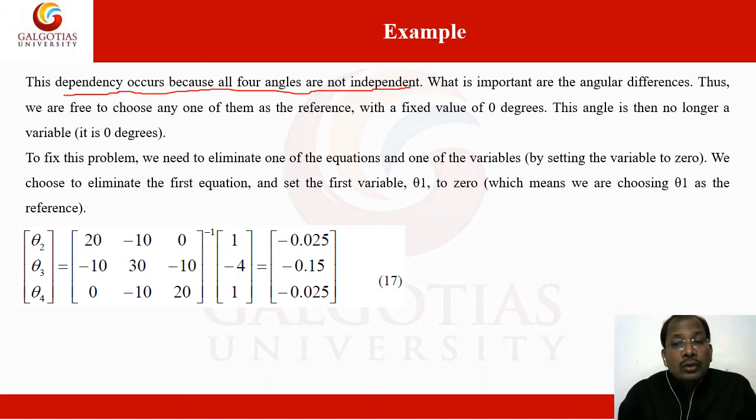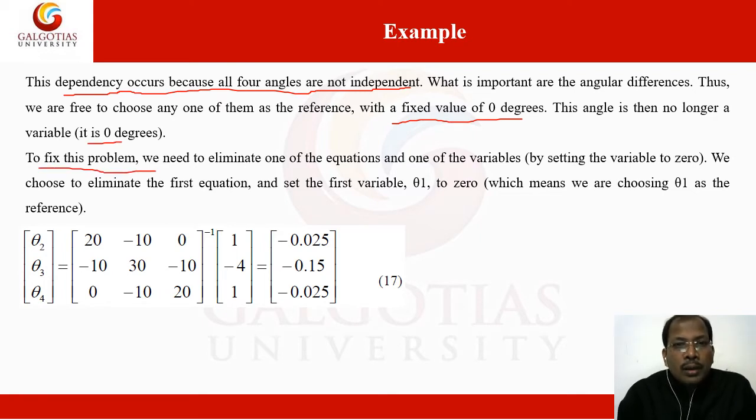Theta 1 is a difference between 2 buses. Thus we are free to choose any one of them as a reference, either the first bus, or bus 2, or bus 3. Suppose we consider a bus having a 0-degree angle, then from the differences we can calculate the other bus angles, so this angle is no longer a variable, it is 0 degree.